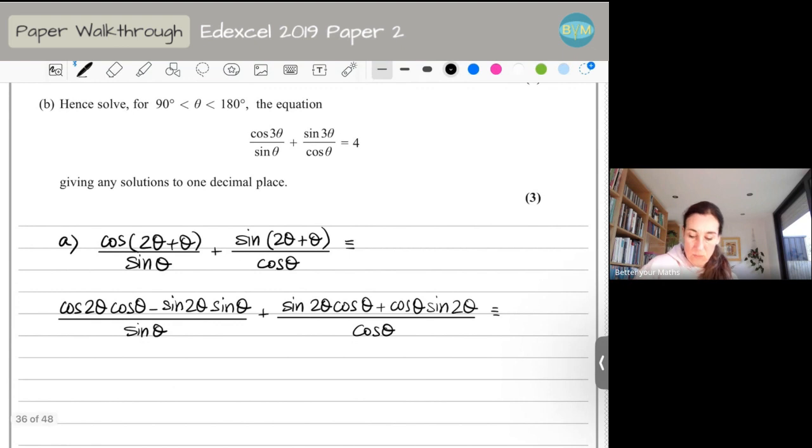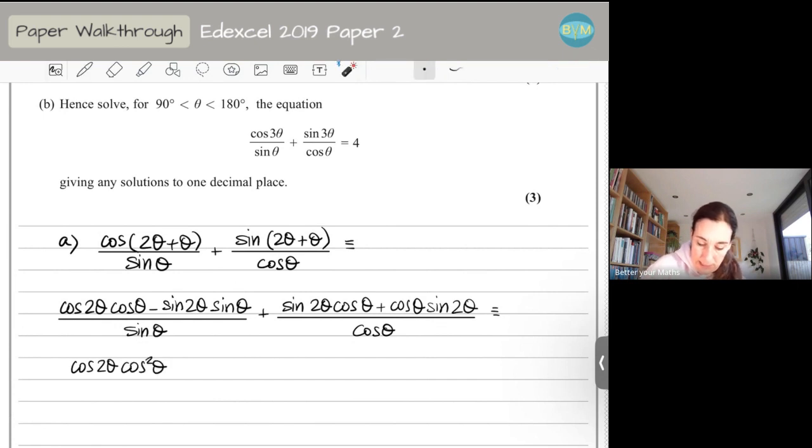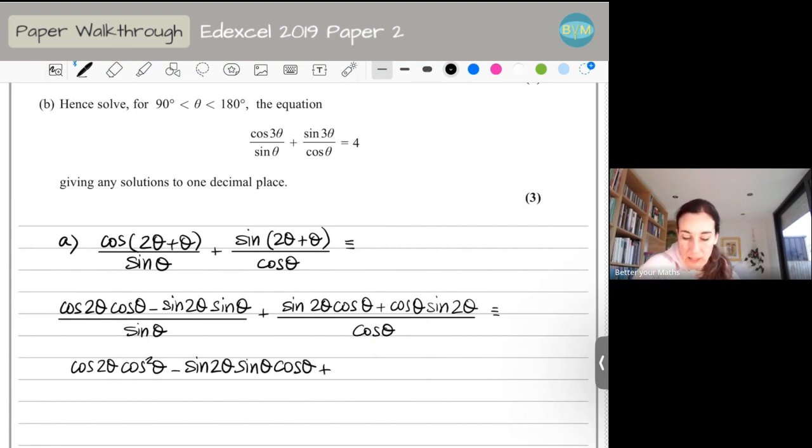We can multiply to add the fractions. So in the left-hand side, I have cos 2 theta cos squared theta, because I'm multiplying everything by cos. Instead of writing the bracket, I'm just going to multiply straight away. Minus sine 2 theta sine theta cos theta. And then I'm going to multiply all this numerator by sine theta.